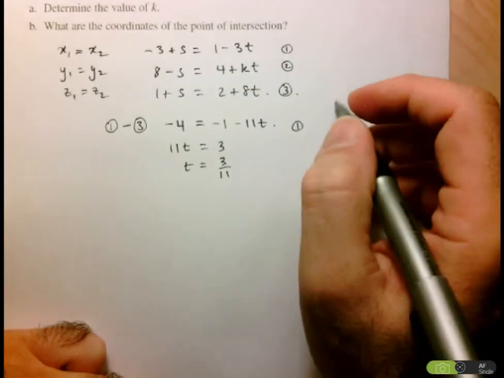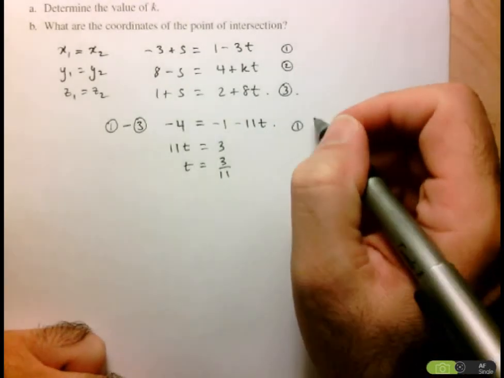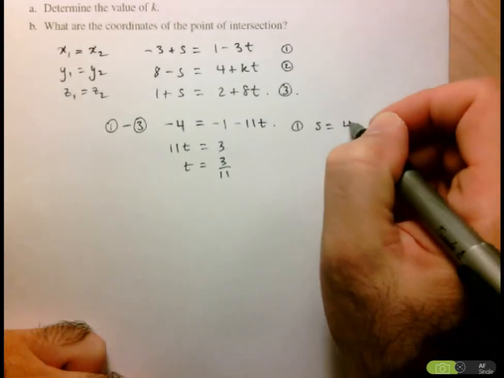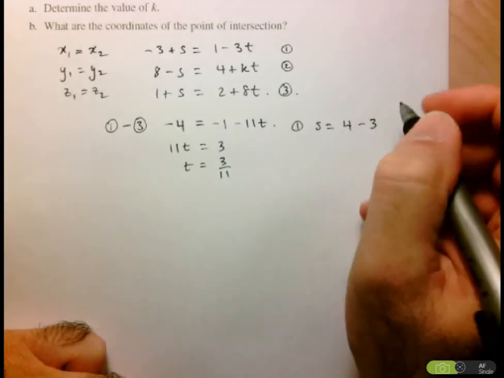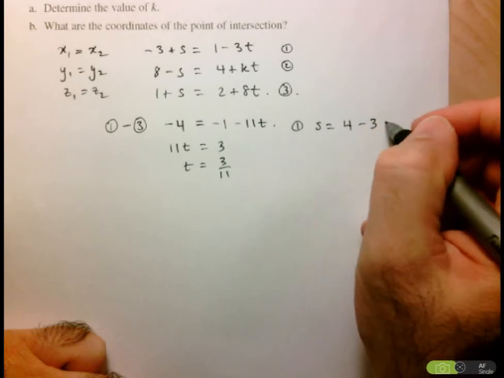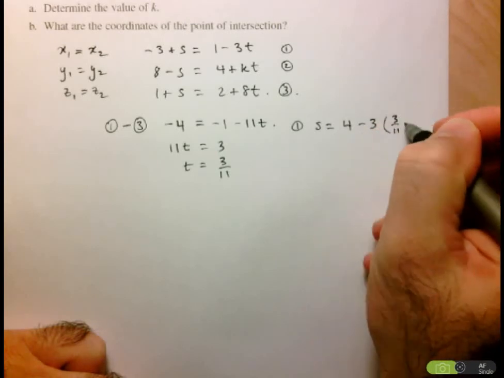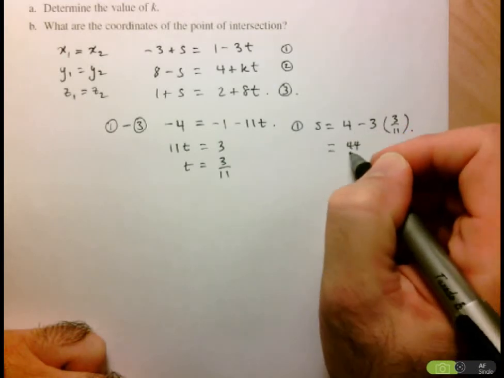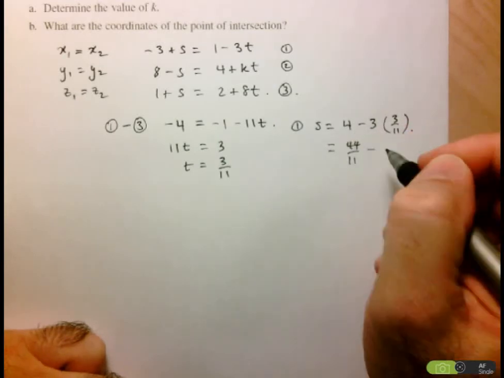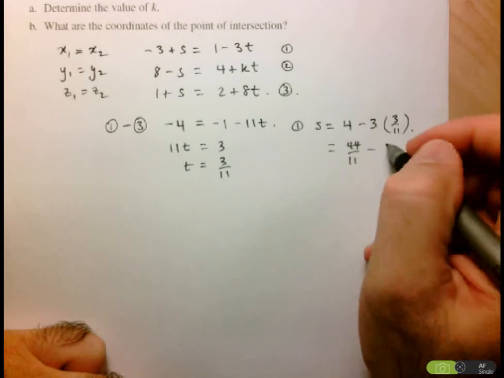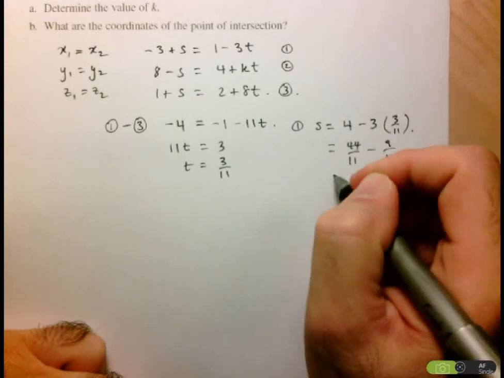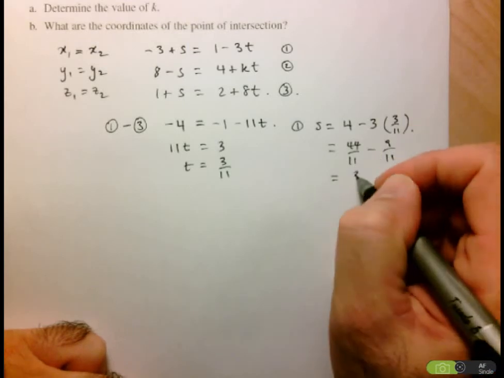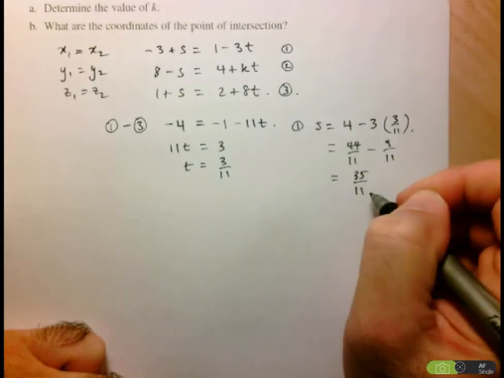I'll just bring the -3 to the other side, so s is equal to 1 plus 3 is 4, minus 3 times t, which I now know is 3 over 11. And I'll turn this into 44 over 11, so I can solve it easily. So 3 times 3, 9 over 11, and 44 minus 9 is equal to 35, so s is equal to 35 over 11.